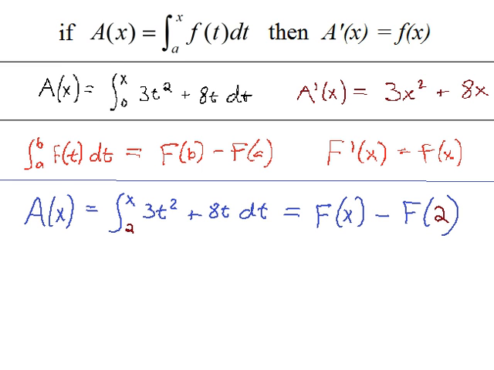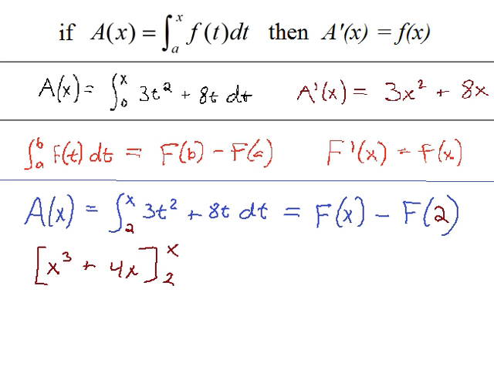Once again, we are evaluating x to the third power plus 4x squared from 2 to x. X to the third power plus 4x squared is the antiderivative of the integrand.